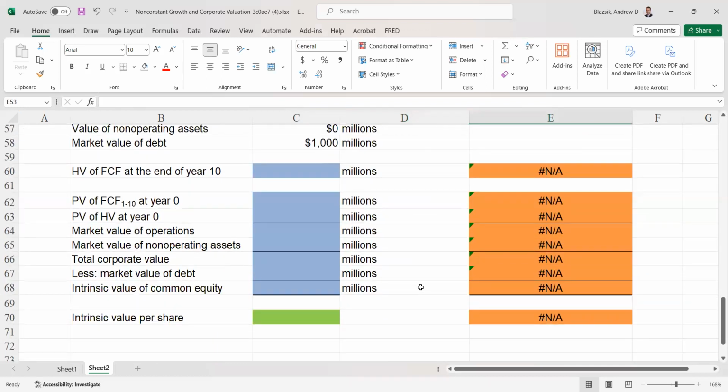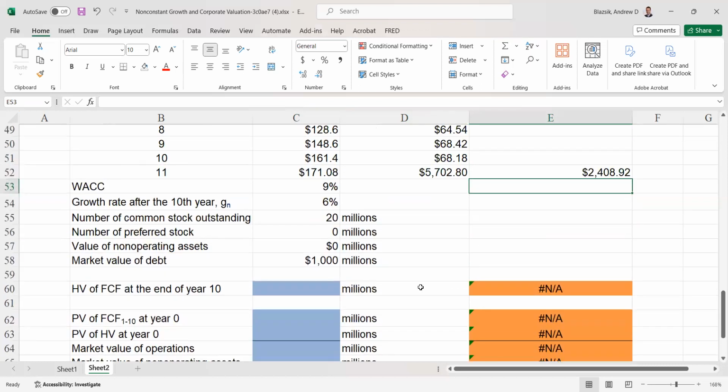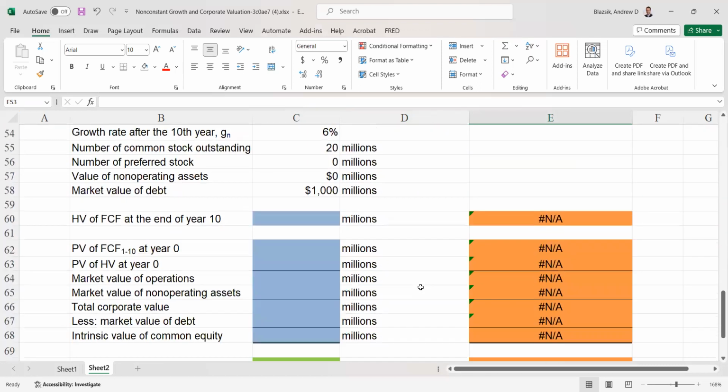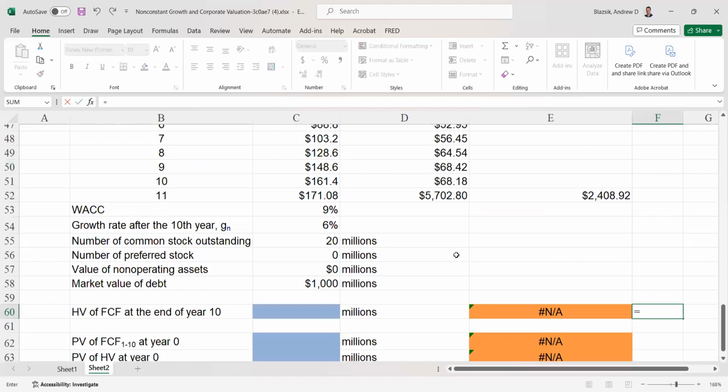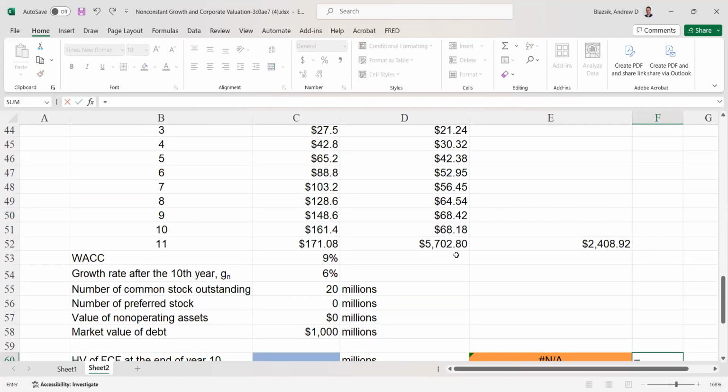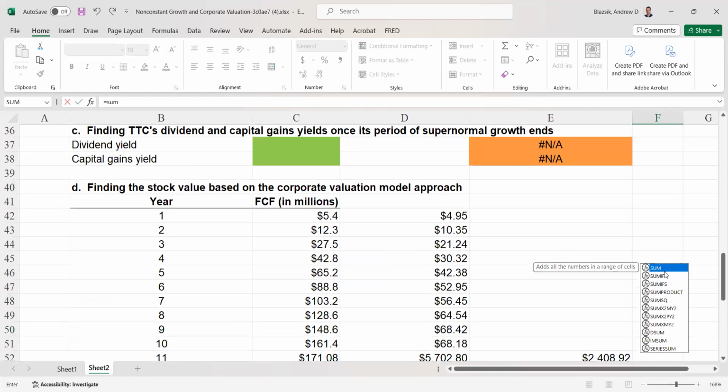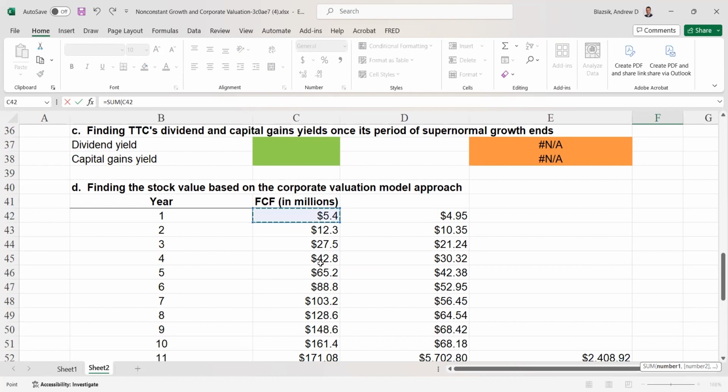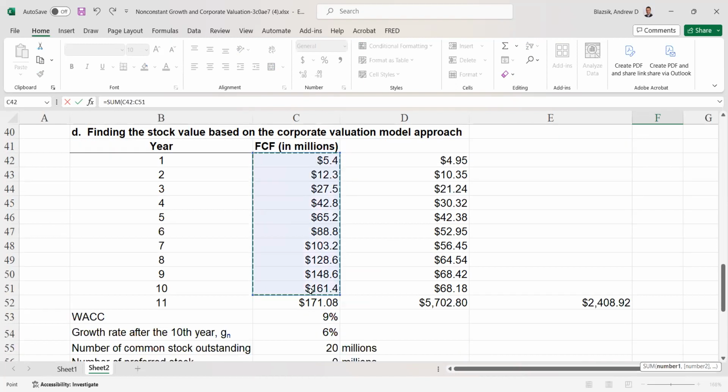It's a little different than how I was solving on the other one. So what I'm going to do is calculate, I'm just going to do it over here. And I think when you read the question, it'll make sense. I'm going to sum up all the present value cash flows 1 through 10.